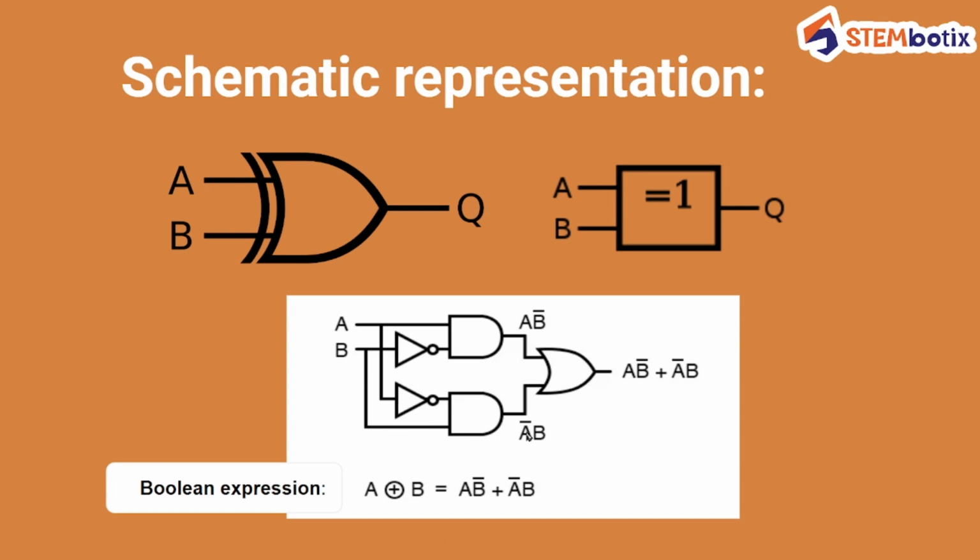So in the formation of the XOR gate, there are two AND gates, two NOT gates, and this functionality gets added up to an OR gate.